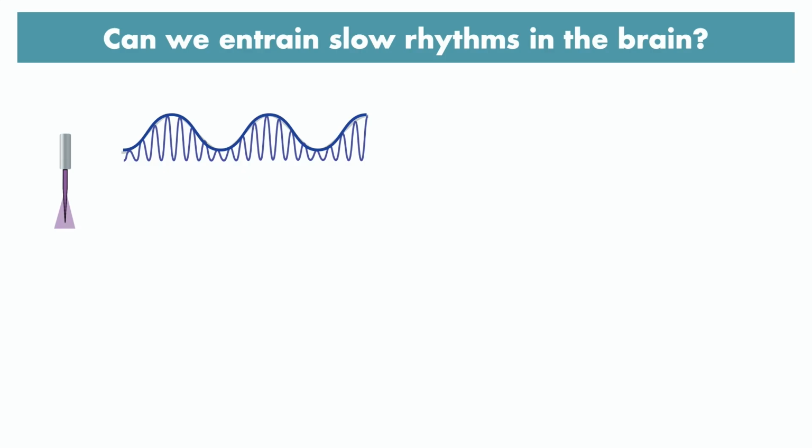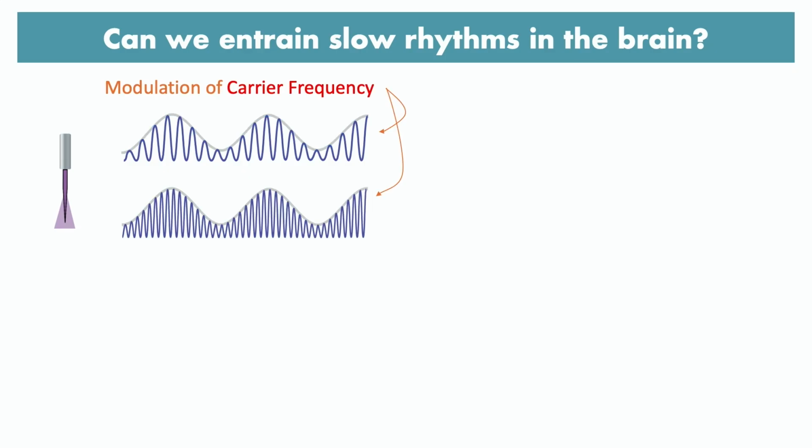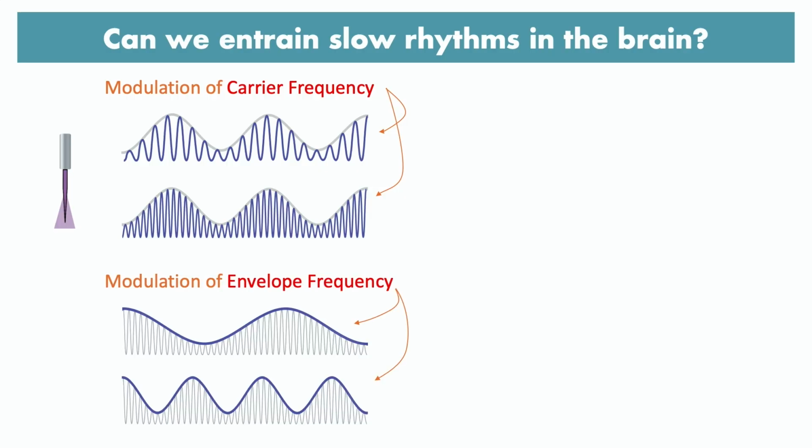What does this mean? We have a fast carrier frequency that the laser is being pulsed at, and the amplitude of this is modulated by a slow envelope. In this way, we could test separately both the effect of the carrier frequency and the effect of the slow envelope frequency independently.